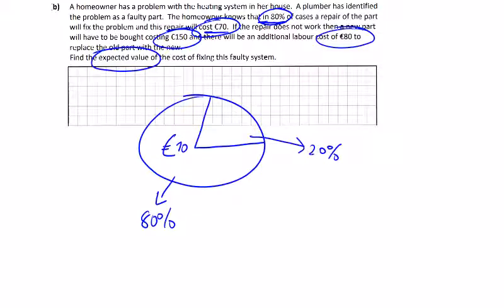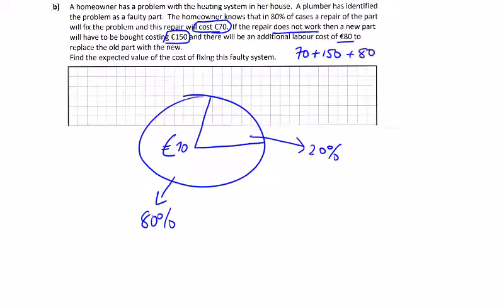What happens in here is the repair doesn't work, so the repair is 70. The new part will have to be bought, costing 150. So now we're up to 220. We have 70 we have to pay, the 150, and an additional labor of 80 is going to be 300. So in 20% of the cases, you're going to pay 300 euros.